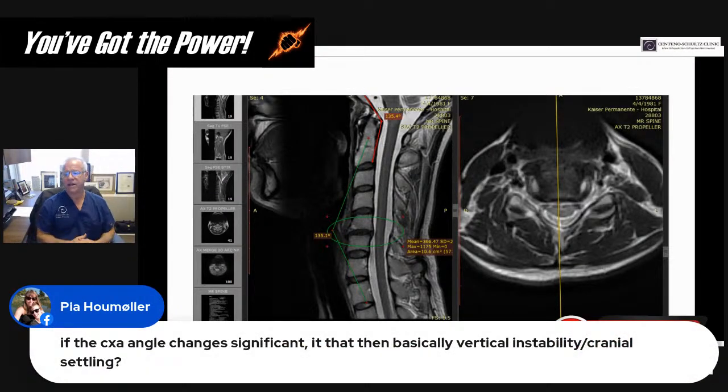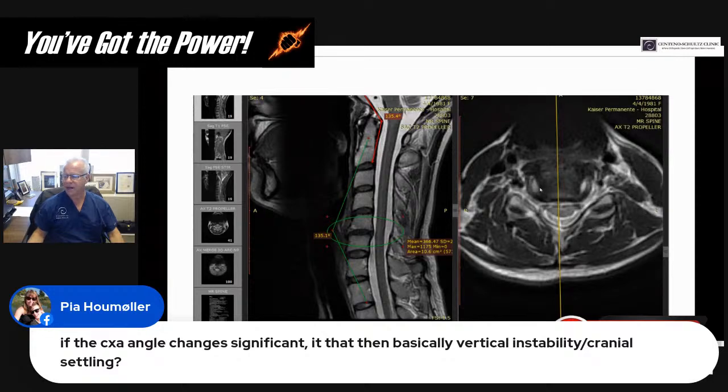If the CXA angle changes significantly, is it then basically vertical instability, cranial settling? No. The reason for an abnormal clivo-axial angle, which is this one up here, is that the ligaments back here are loose and the head is too far forward this way. So that's a posterior ligament issue allowing that to happen.